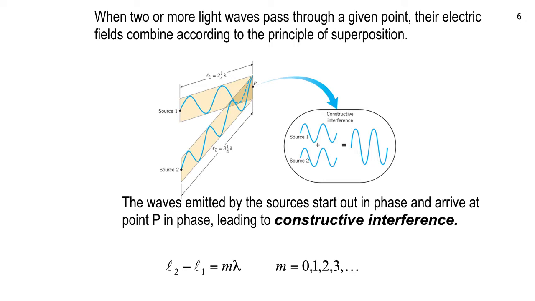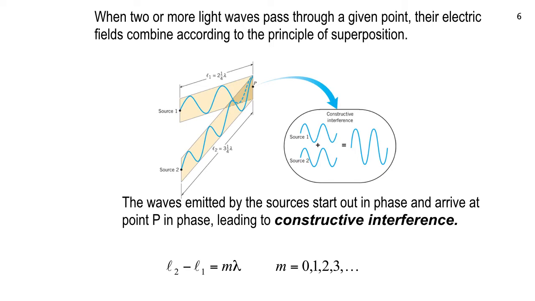Now the principle is expressed down here in a mathematical formula. L2 minus L1. Here's L2. That's the distance from source 2 out to my point. So that's the length of this rectangle here, seen in perspective. And here's another rectangle up here, L1.